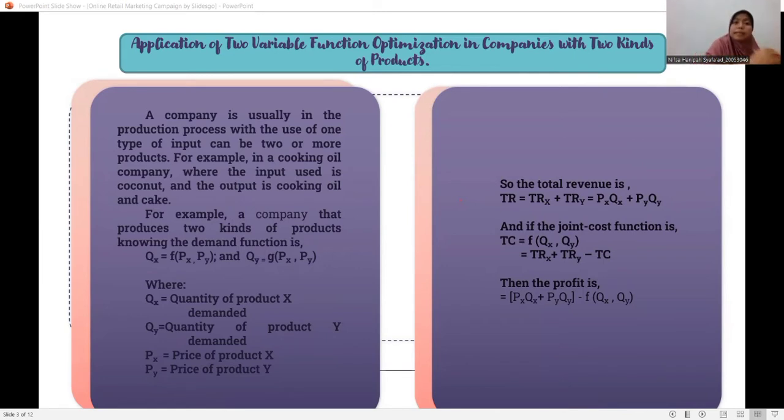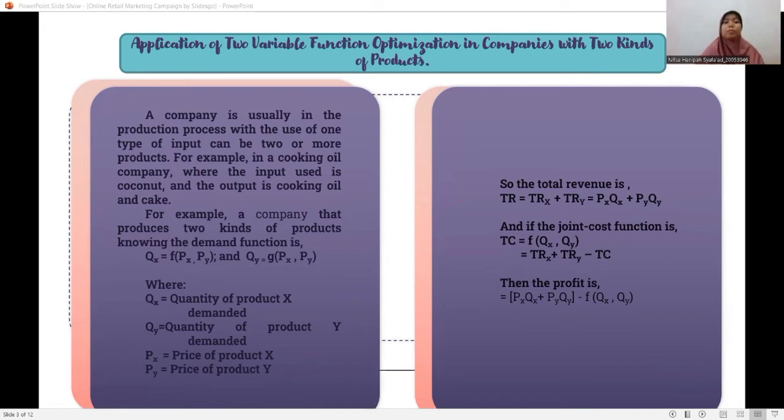A company usually uses 1 type of input in the production process, and can produce 2 or more products from it. The example is a cooking oil company where the input used is coconut and the output is cooking oil and cake.